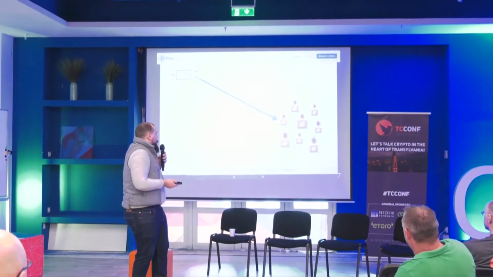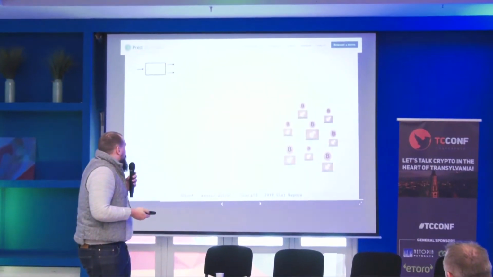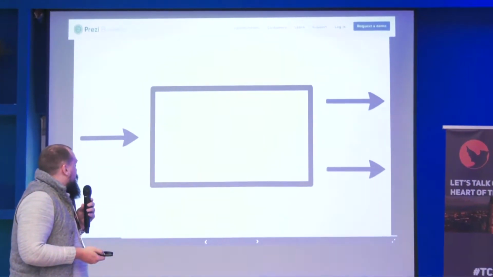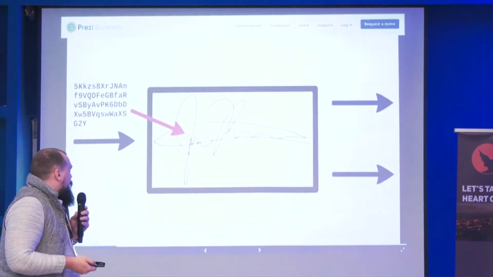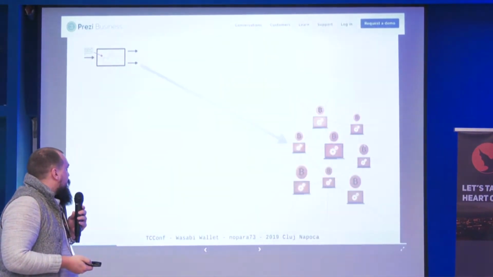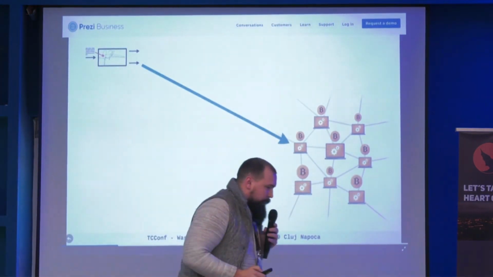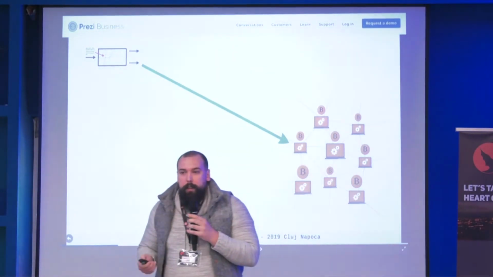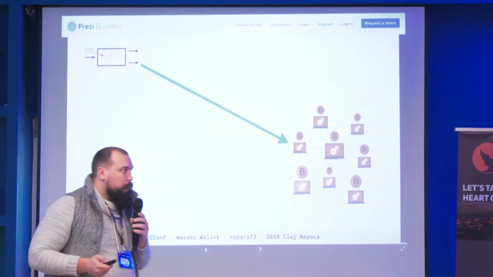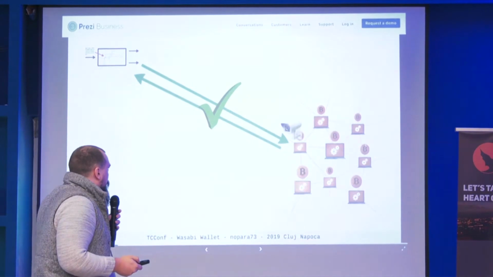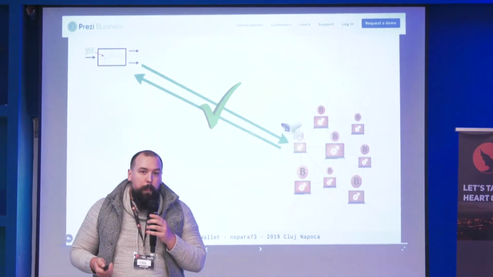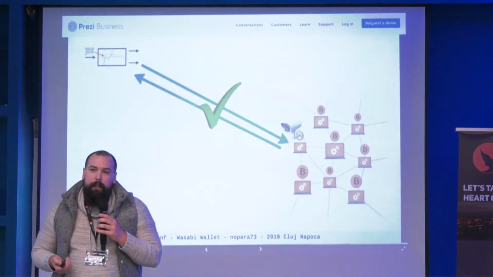Now this is not going to work because we did not sign the transaction. So we take our private key, sign the transaction, and broadcast it again. But we have a problem with this. What if the node that you are broadcasting to is spying on you? Then it's going to know your IP address.